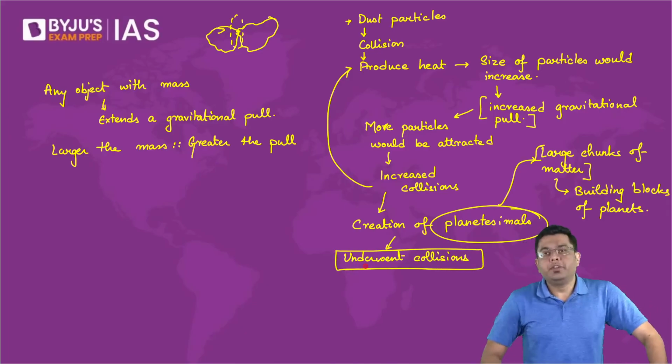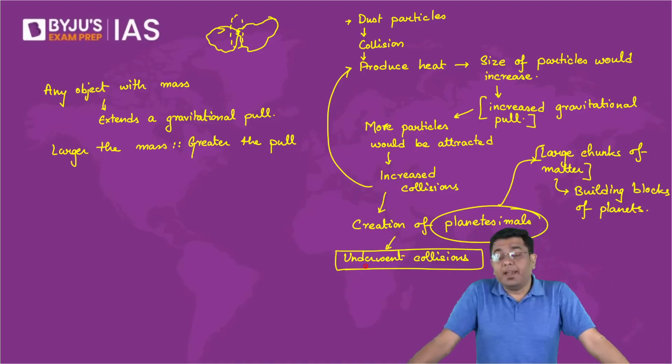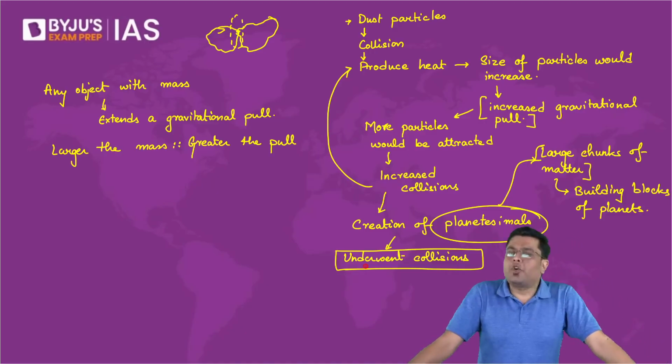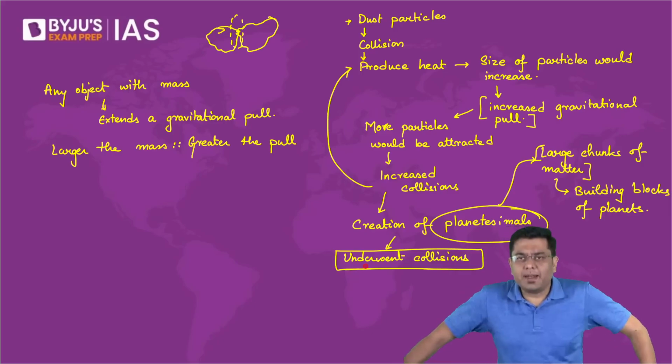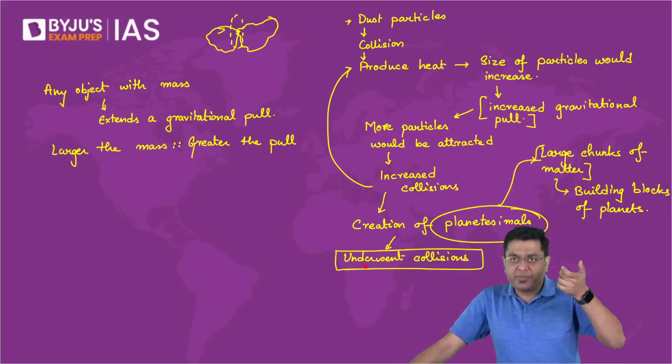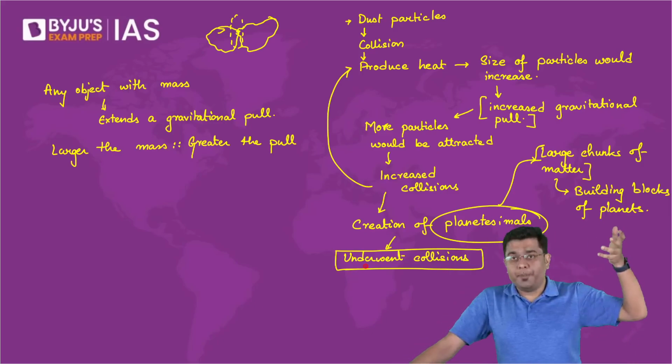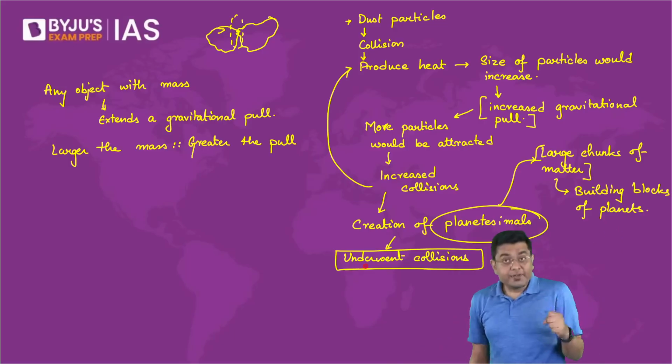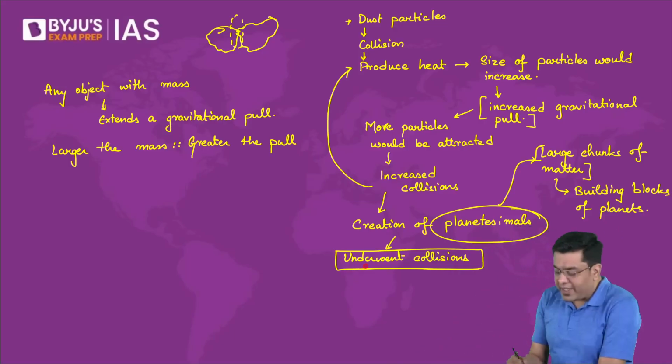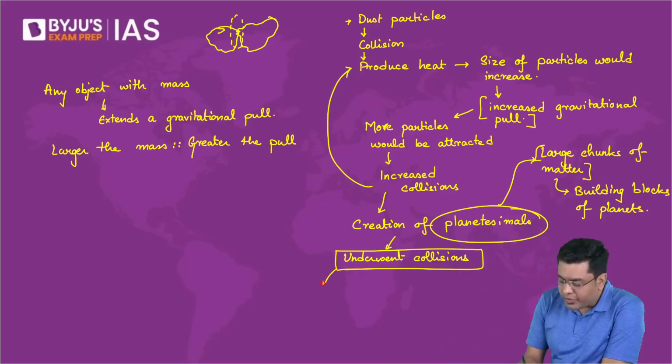Now, slowly and steadily, the size kept on increasing. Eventually, they collided and a large amount of material came together to form what was referred to as the earliest form of the planet, what is sometimes referred to in technical terminology as the protoplanets. So those were the earliest form. Here, in case of the planet Earth, what was created was a large molten mass.